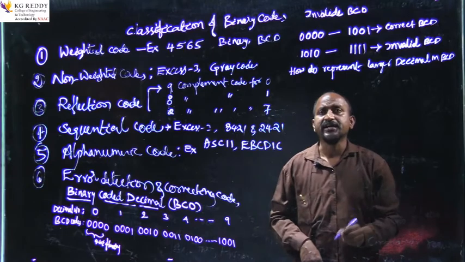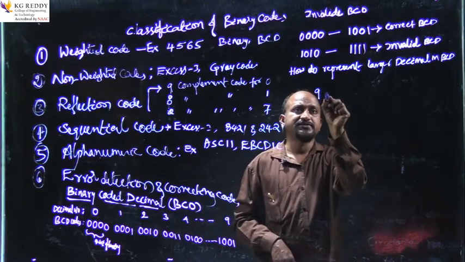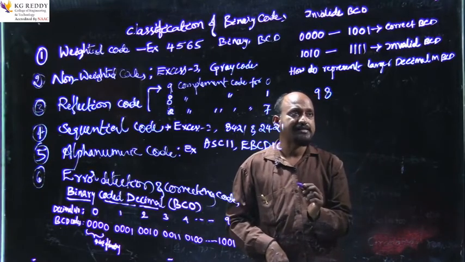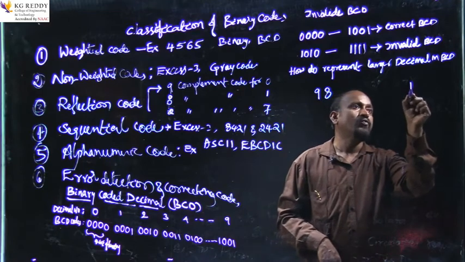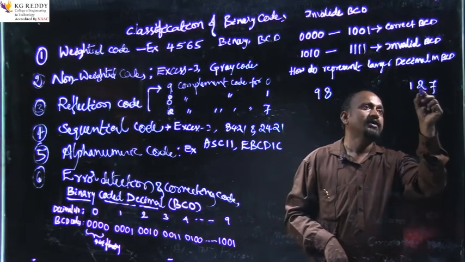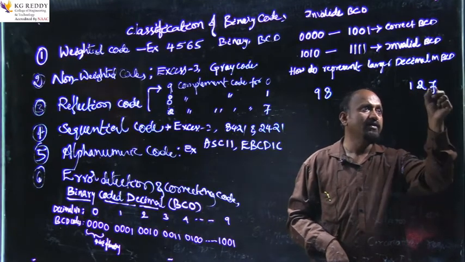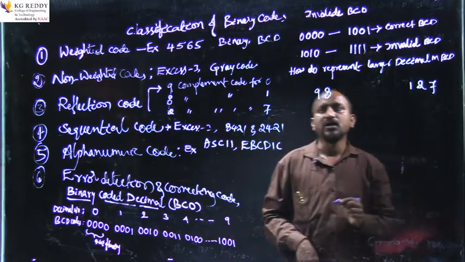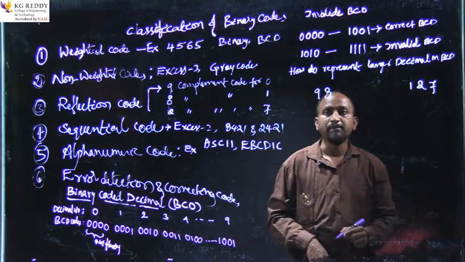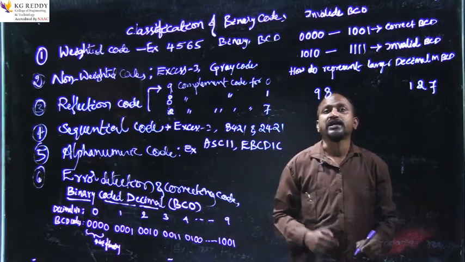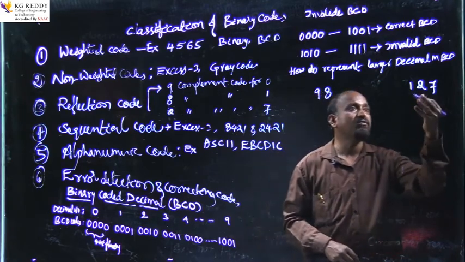For example, let us take 98, and you can also take 127. These are slightly larger decimal numbers. So how could we represent them in BCD? What is the BCD of 98, or the BCD of 127?